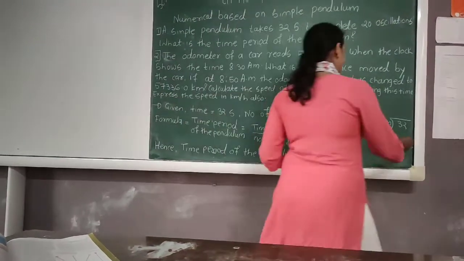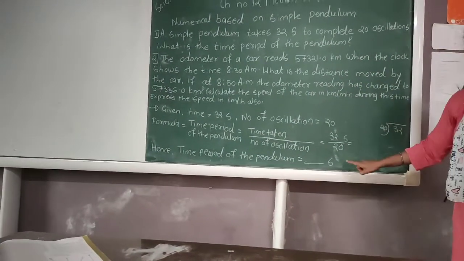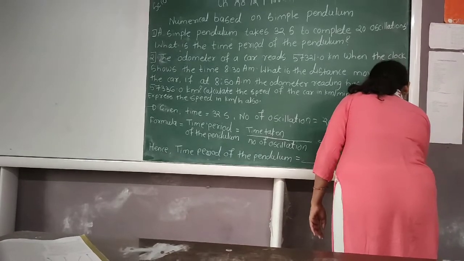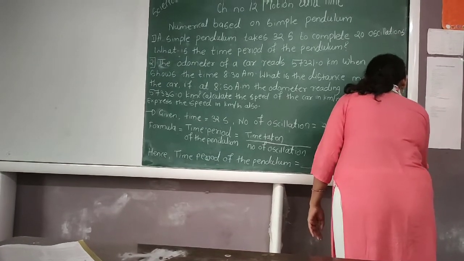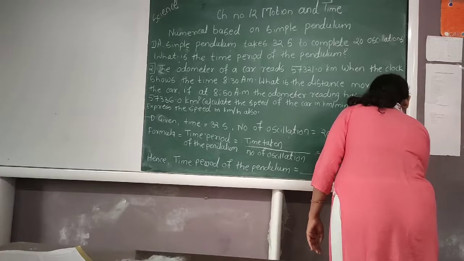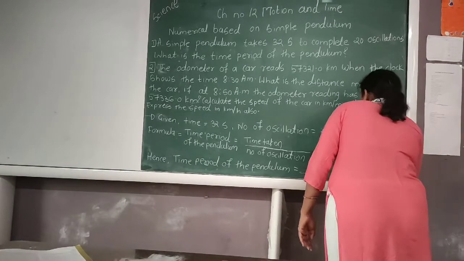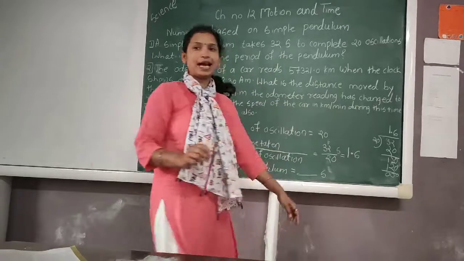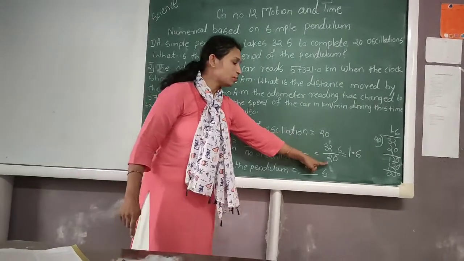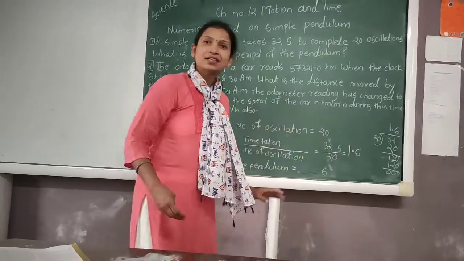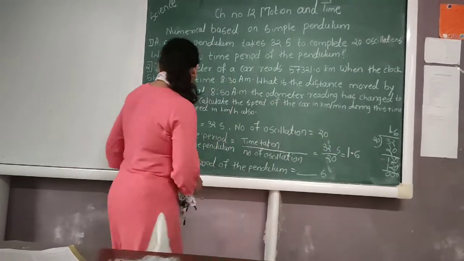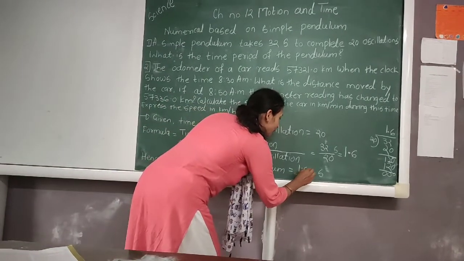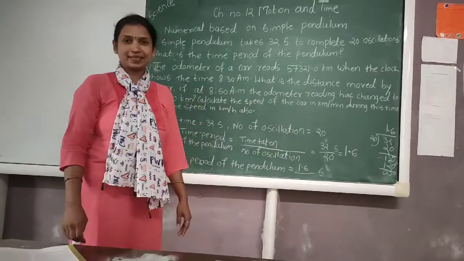So we divide 32 by 20, and we get the answer 1.6. Means the time period of the pendulum is equal to 1.6 seconds.